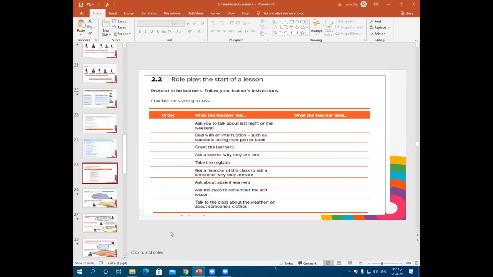And when do you use, for example, taking the register? When? We start by greeting the learners. Yes, that's right. Okay. And take the register. Okay.